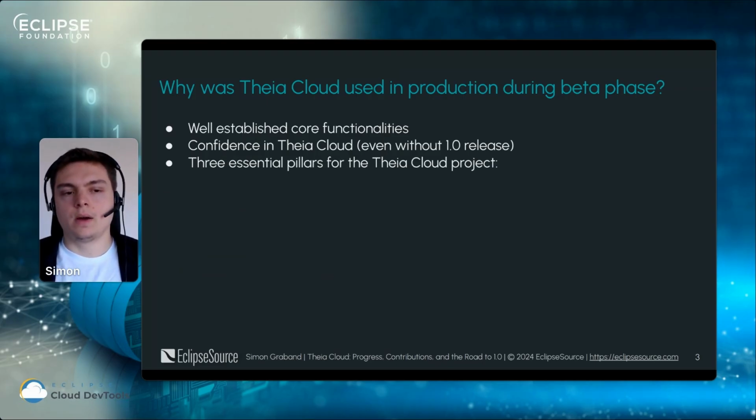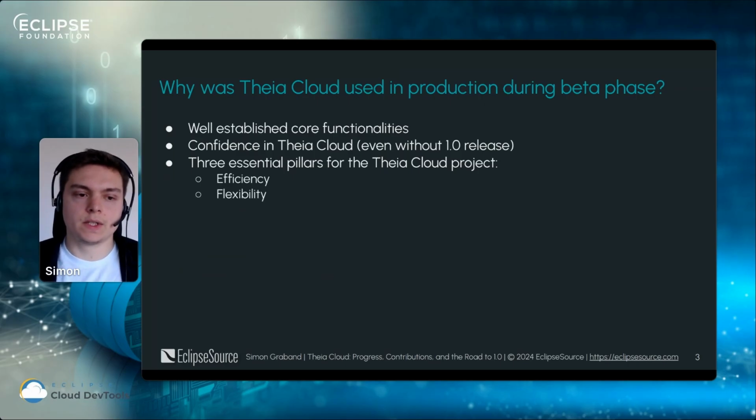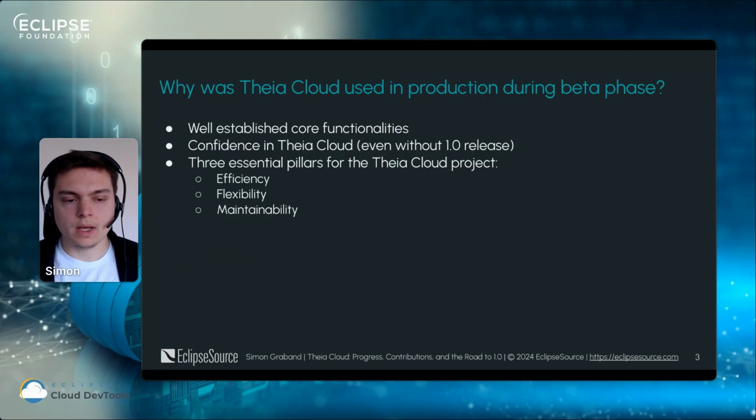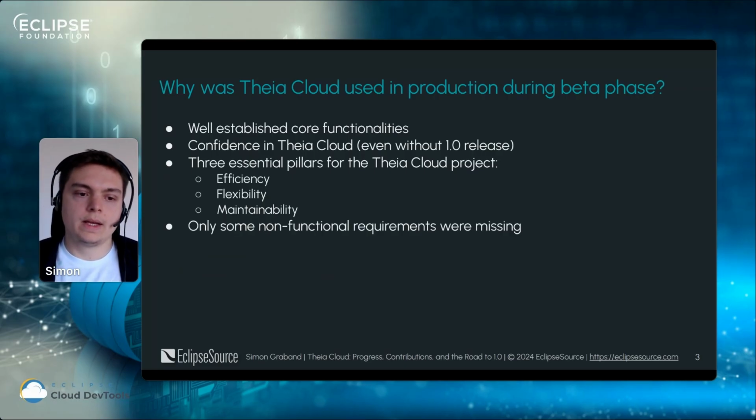However, we decided in the beginning that we want to make sure that 3 essential pillars for the Theia Cloud project are taken care of before doing the full release. Those are namely efficiency, flexibility, and maintainability. 2 years ago, in these 3 pillars, some non-functional requirements were still missing.